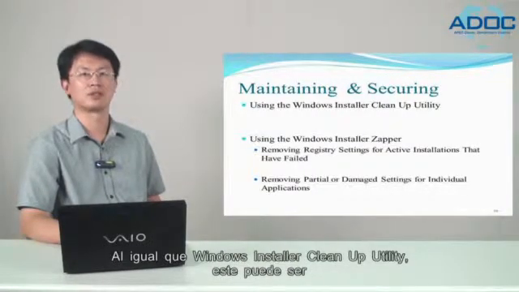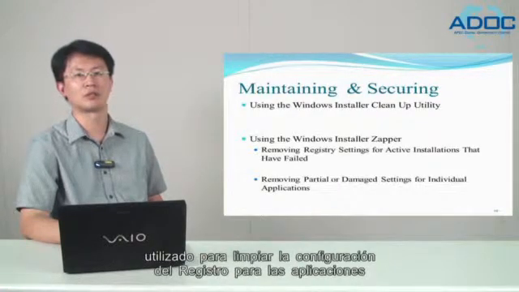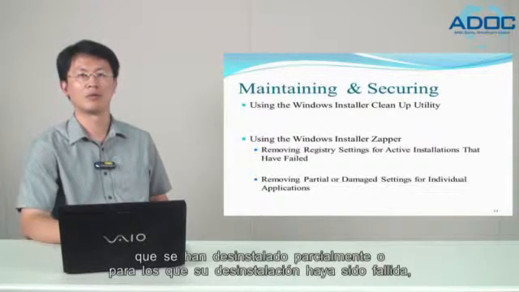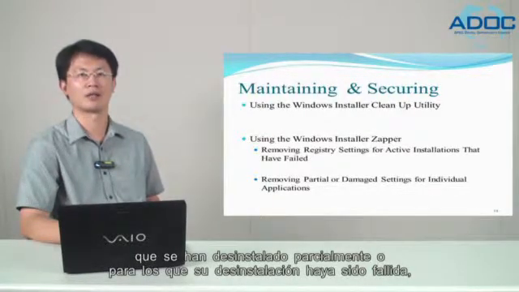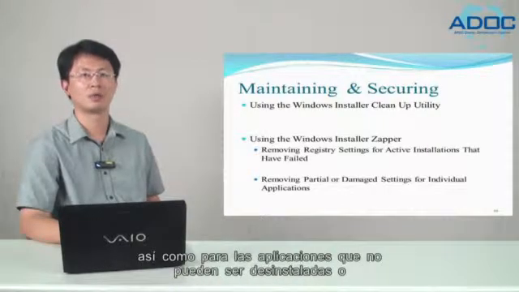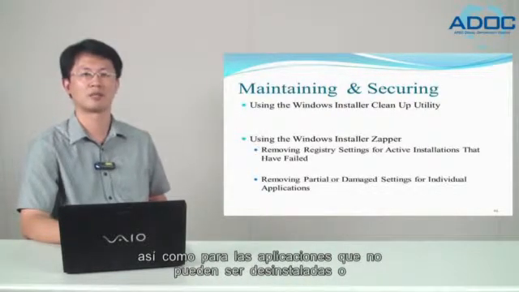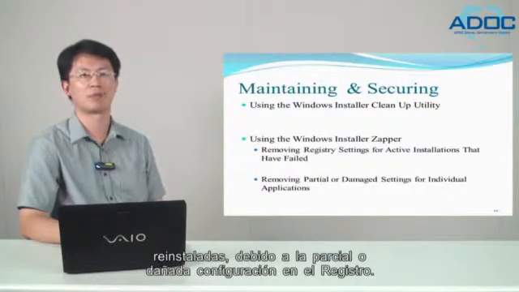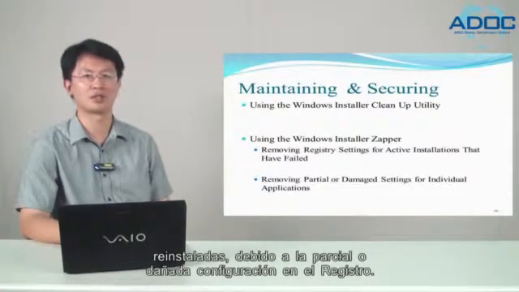Like the Windows Installer Cleanup utility, it can be used to clean up registry settings for applications that were partially uninstalled or for which the uninstall failed, as well as applications that cannot be uninstalled or reinstalled because of partial or damaged settings in the registry.